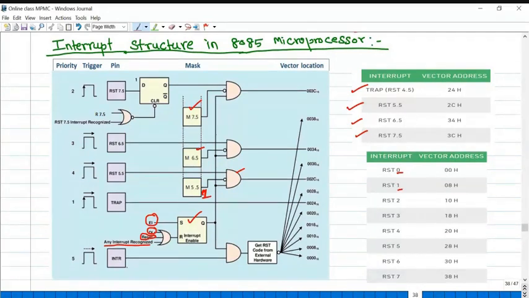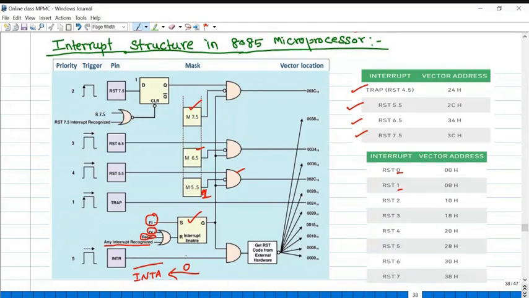Usually, when the INTR interrupt occurs, the microprocessor sends the acknowledgement signal, INTA. This is an active low signal. The microprocessor sends 0 on the INTA bar pin in order to acknowledge this interrupt.